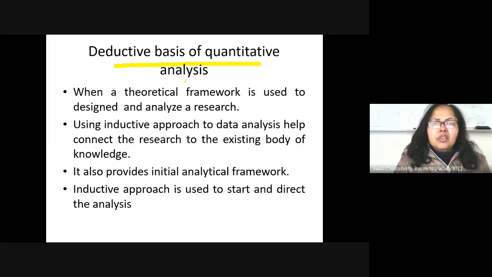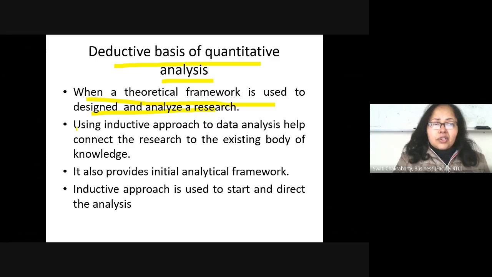Deductive basis of qualitative analysis. When a theoretical framework is used to design and analyze research, that's where we use the deductive basis.